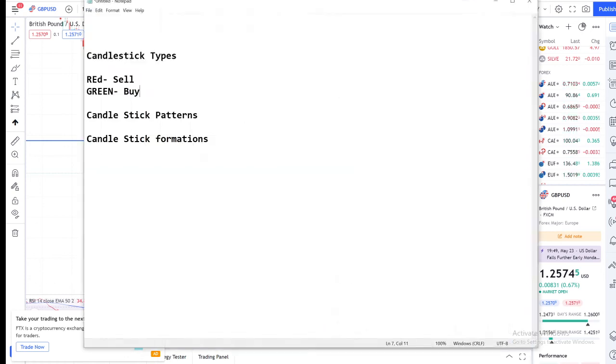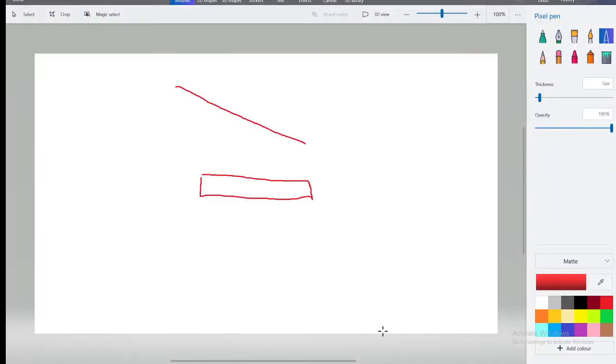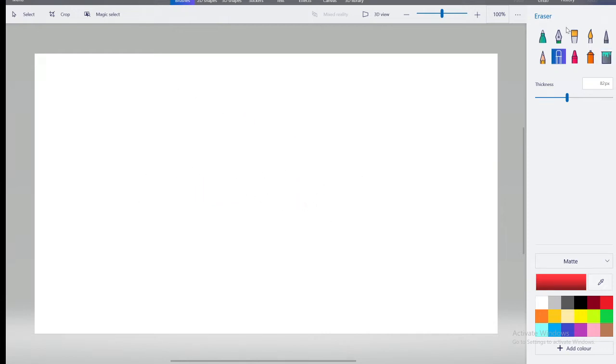Let us go straight into parts of a candle. Since we already know our candlestick types, it is a buy or a sell. A candle is literally always the same shape, always has the same structure, always has the same parts. The only thing that will be different is going to be the color.